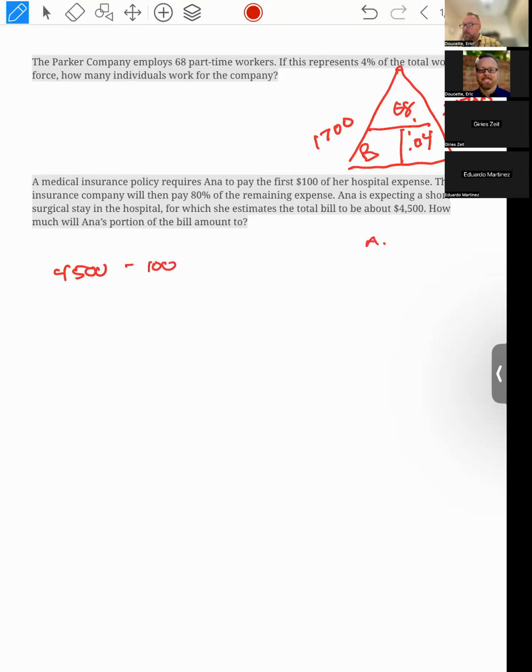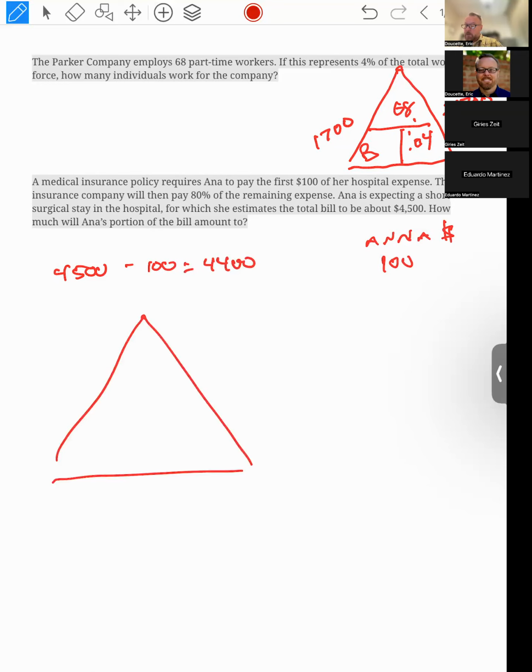So we're going to subtract that. We're going to say Anna has to pay 100 for sure. But that leaves us now 4,400. And they're going to say that she has to pay a portion, a certain percentage. So 4,400 times 0.80, that will tell us what portion she needs to pay.